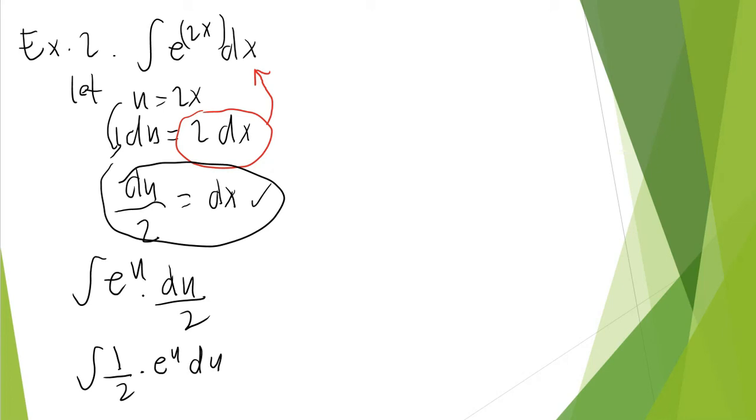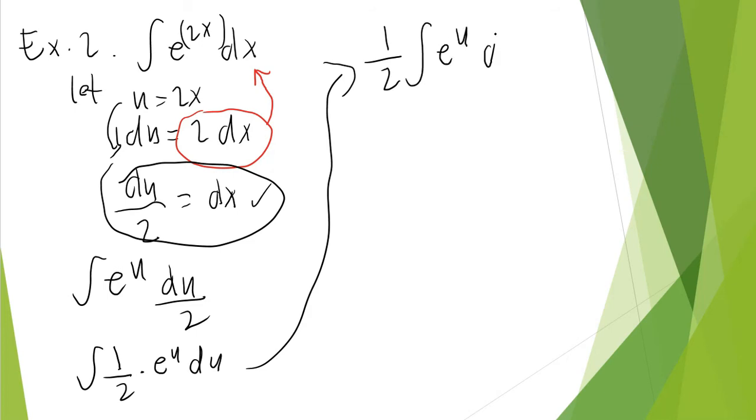So, ilalabas natin yung 1/2. And then furthermore, ilabas natin yung constant 1/2. Then we get the integral of e to the u du. So, the integral of e to the u du is just e to the u plus c.